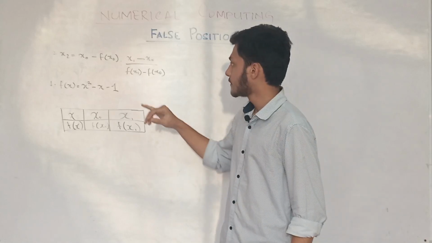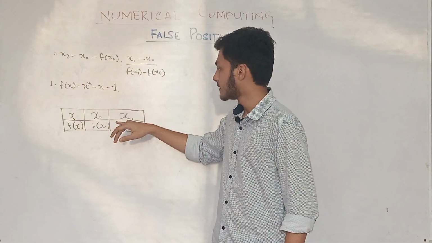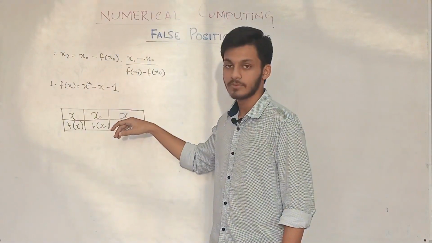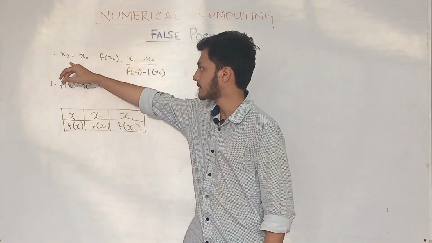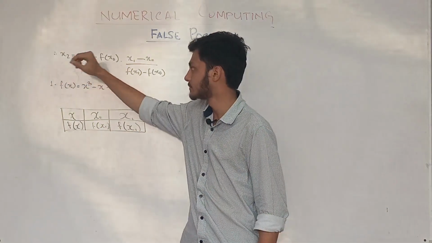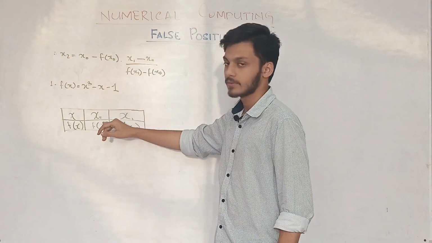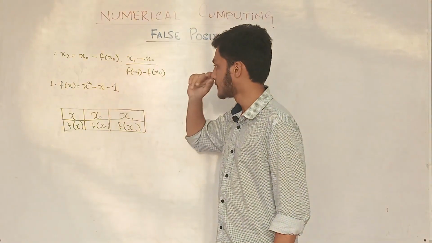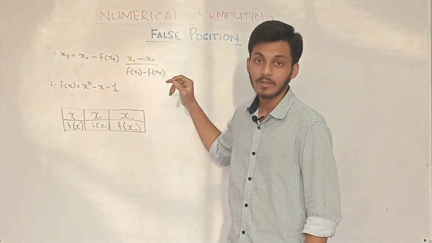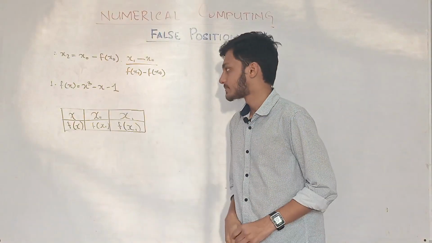Now, first of all, in order to determine a point between these two values, we have taken the variable x2. We put the values in this formula, and we will get the value of x2. Now, moving on to the next step.